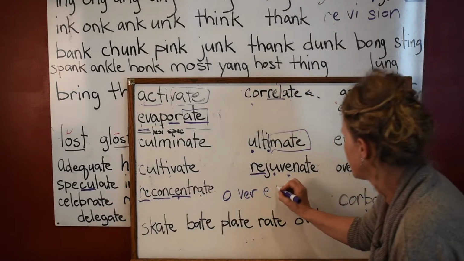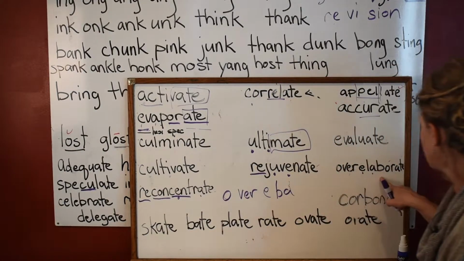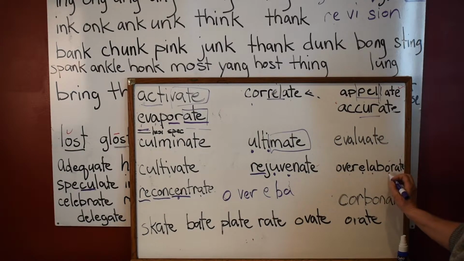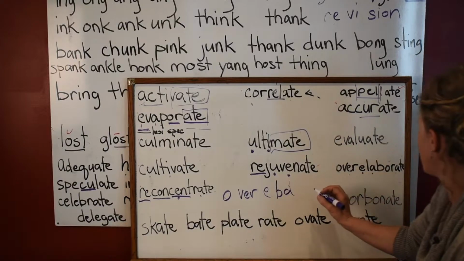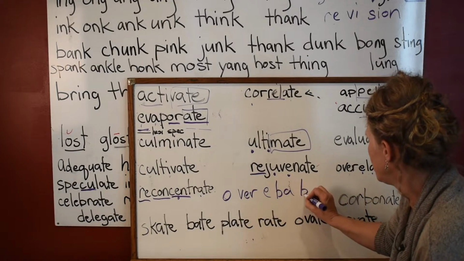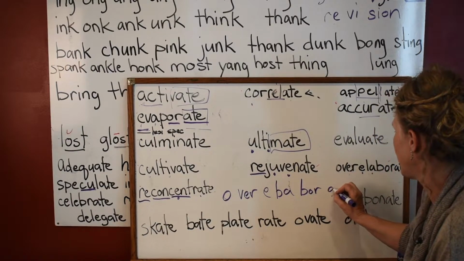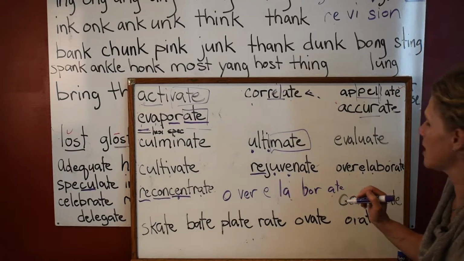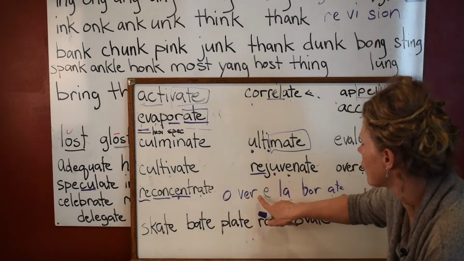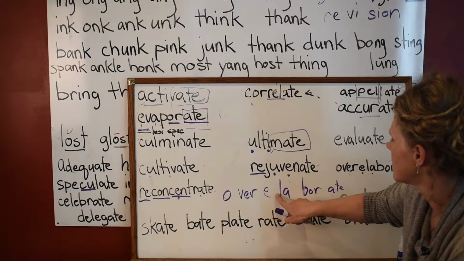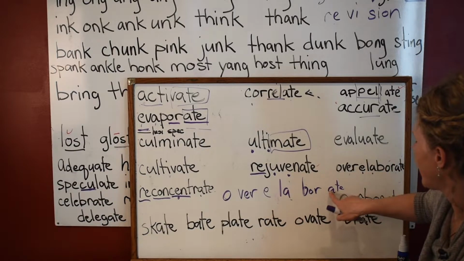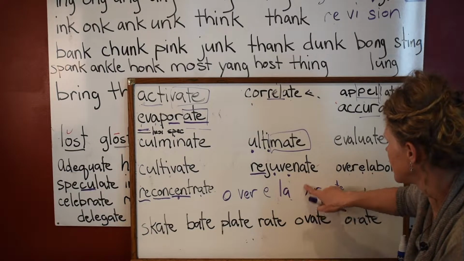And then we're gonna bring L, A, and then look at this, we have our vowel R. So with this one, we need to keep those together, we've learned. See, we have B, O, R, and then we have A, T, E. Okay, so now let's read this word. We have over, E, laborate. That doesn't sound right. So let's get rid of this B.